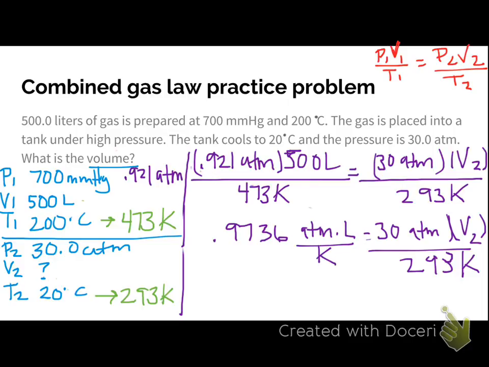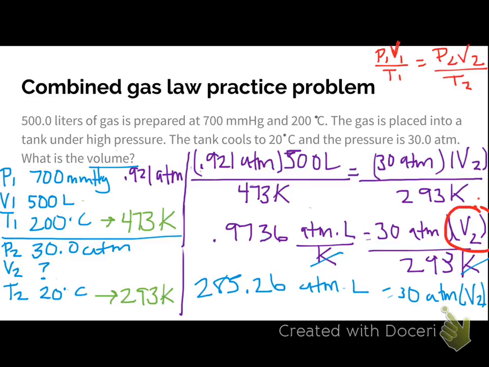Now we are solving for this variable right here, this V2. Trying to get that by itself. So we've got to move that K over. So we're going to multiply each side by 293 Kelvin. So now we have 285.26 atm times liters, because my K's cancel, equals 30 atm times your V2.